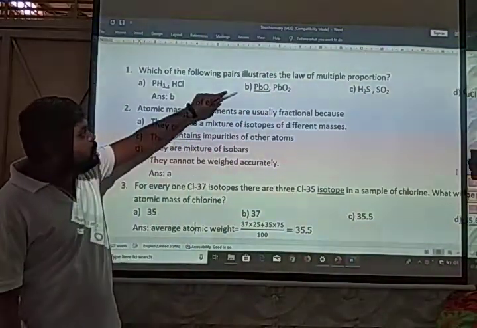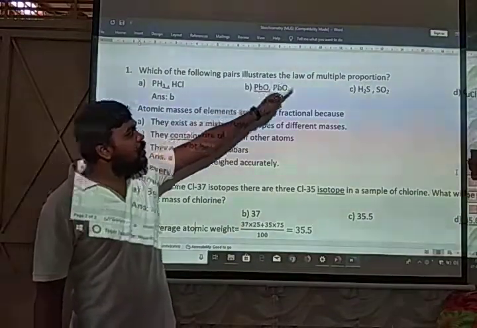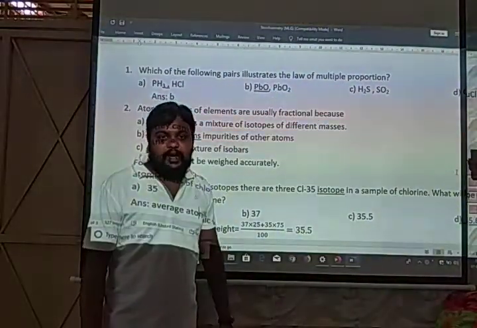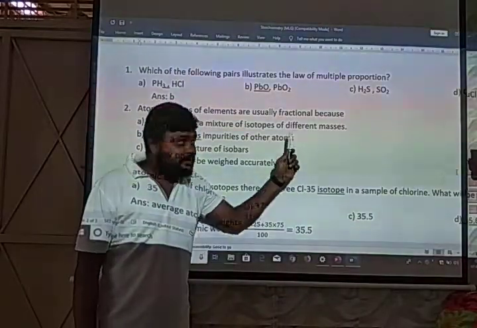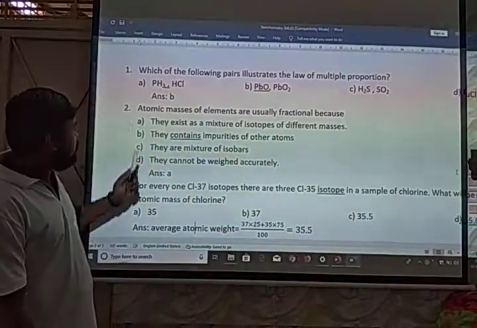That's why option B follows the law of multiple proportion. Are you following? Clear? Okay, we will go to the next question.